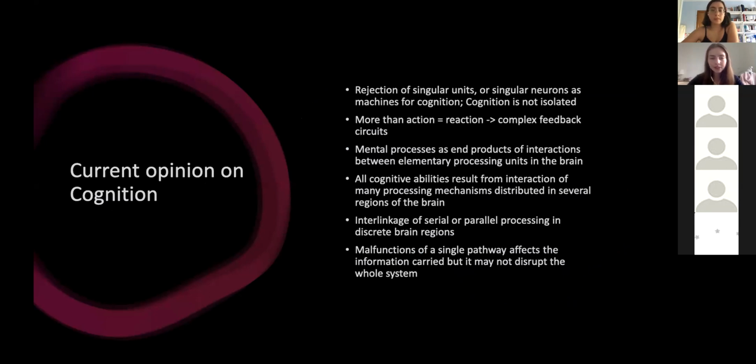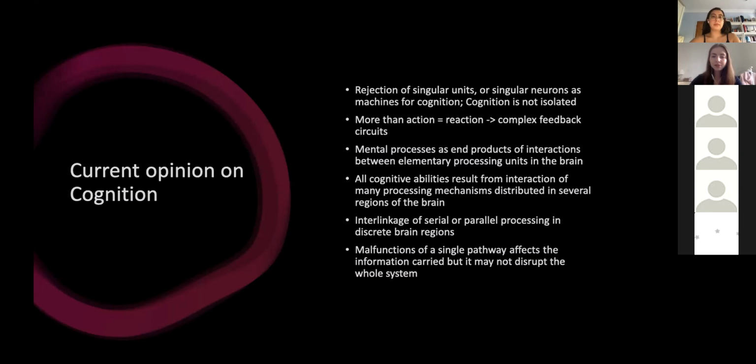It's not an isolated process, but a very integrative process that combines different areas of the brain, different neuronal circuits, different neurotransmitters, and it's much more complex than was initially thought. It's not only action and reaction, it's mostly very complex feedback circuits, feedback and feed forward, and combinations thereof.